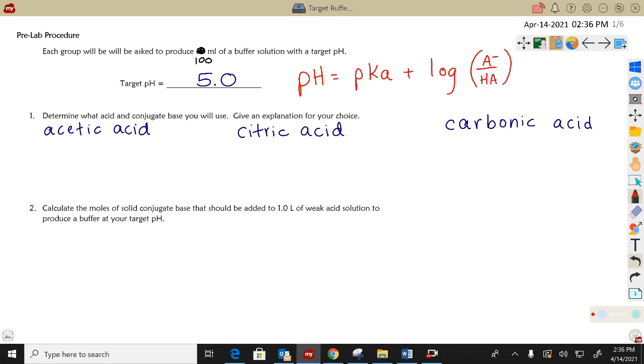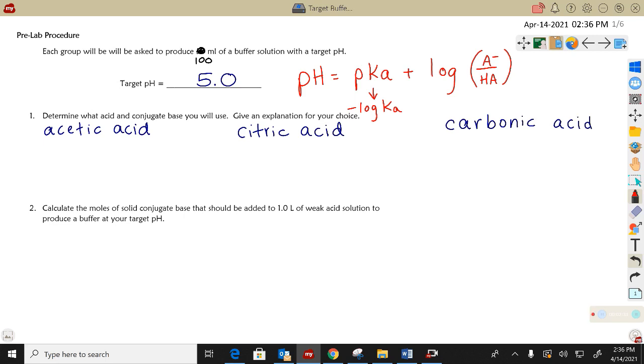Remember that pKa just means negative log of the Ka value, and they'll give me all of that information in the equation packet. I see a table on the front side that gives me Ka values.